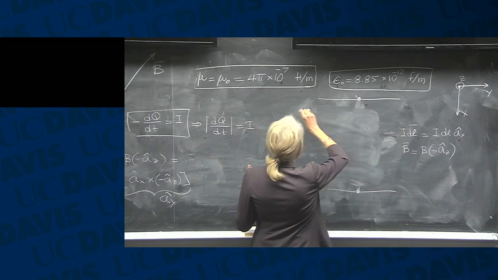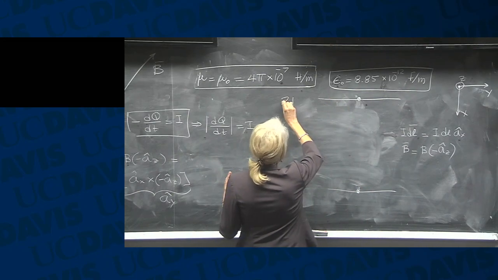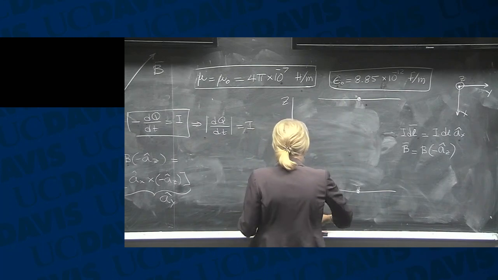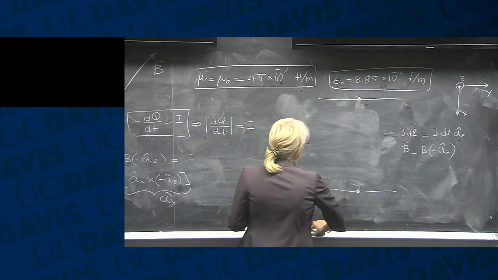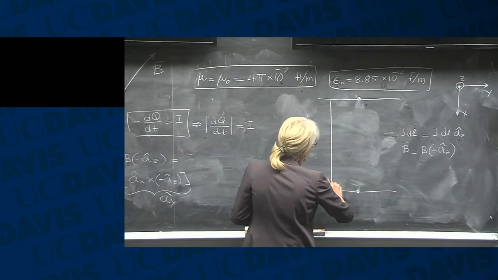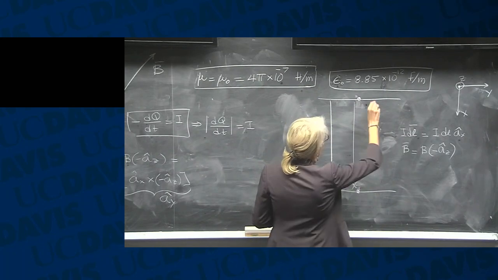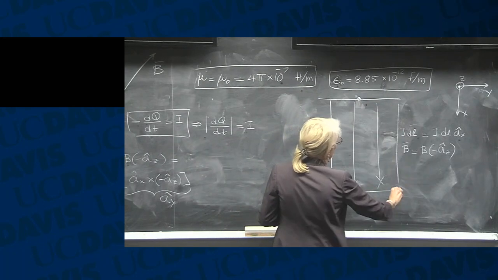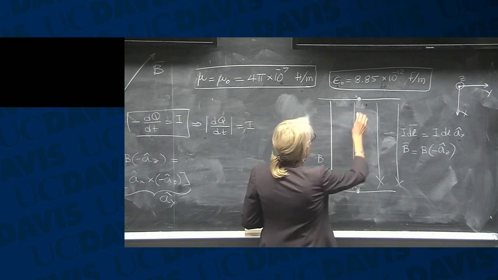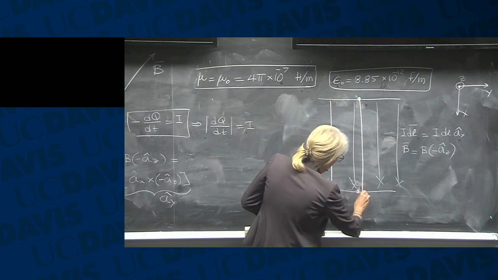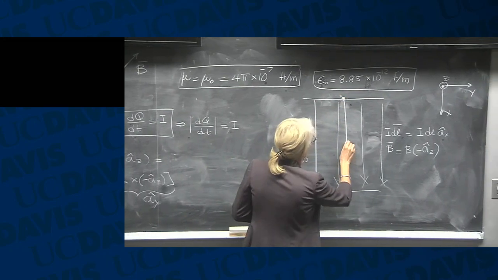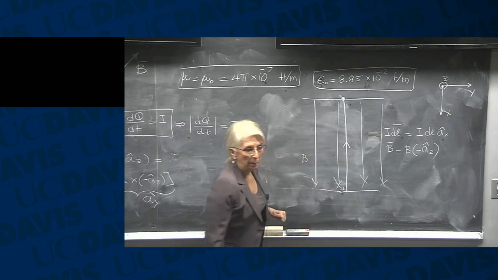Or in fact, no, I change my field, and my B field goes like this. All right, that's B. And my current goes like that. What is going to happen to the wire?